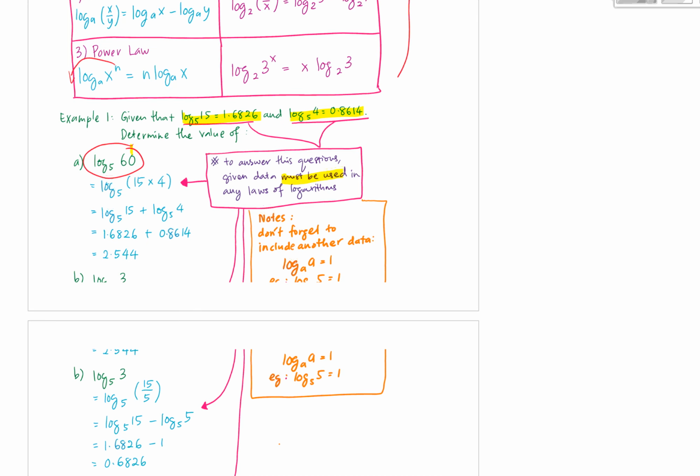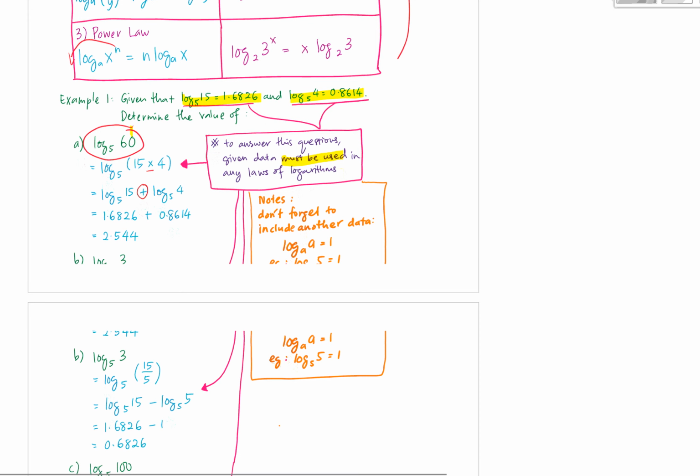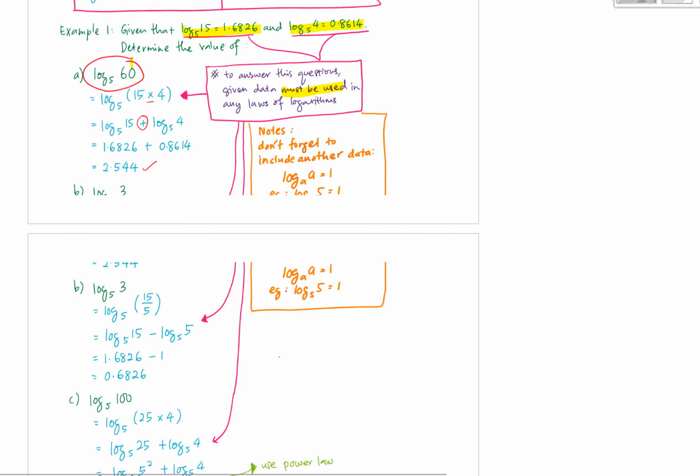So, log 5 of 15 times 4. When we have multiplication, we can split it into addition, but don't forget the log 5 for the 4. So, log 5 of 15 plus log 5 of 4. From the given data, log 5 of 15 is 1.6826 plus log 5 of 4 is 0.8614. So, now we can solve it. This is the answer.